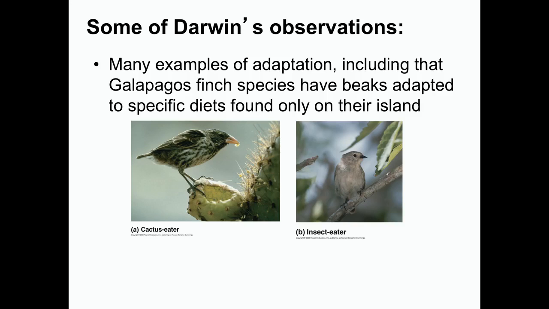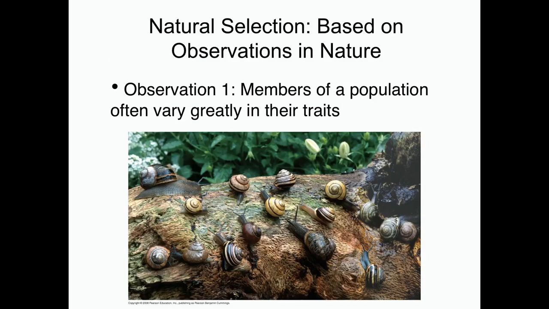Okay, so he noticed these features, and this led him to a hypothesis of natural selection driving evolution. So what I'm going to do now is talk about 4 observations that Darwin made along his voyage, and then some inferences that led him to this understanding of how evolution through natural selection occurs.